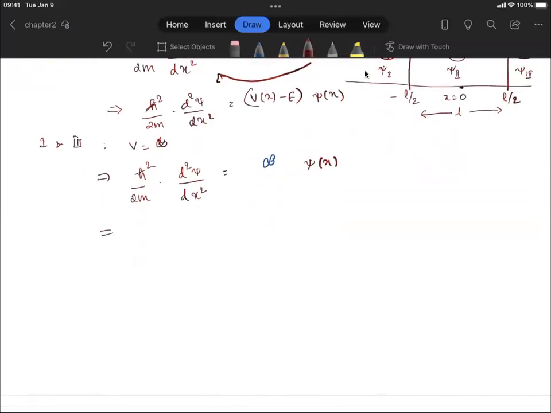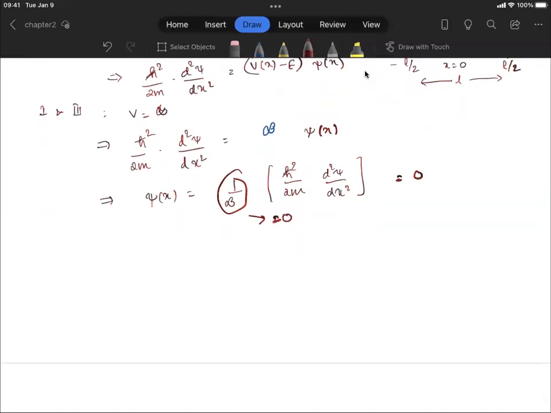That would imply that psi of x would be 1 over infinity times some value. Now this would be 0, right?